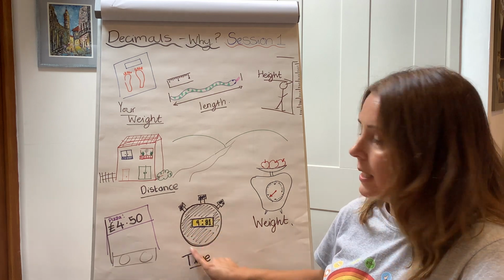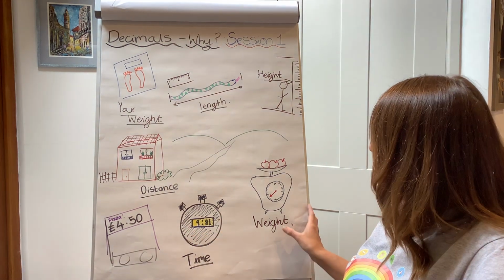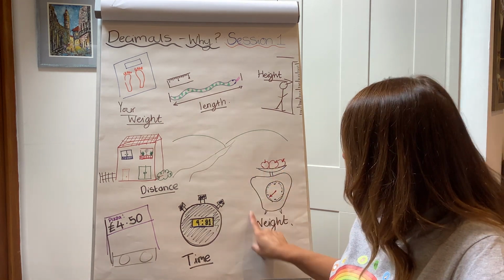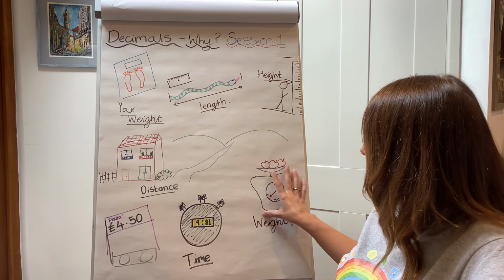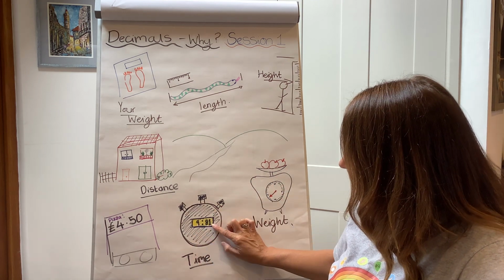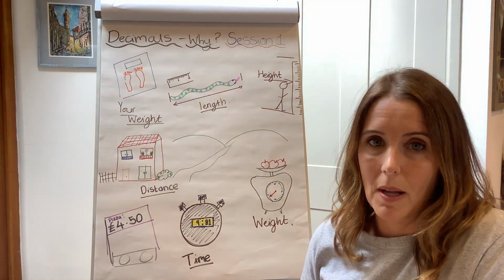Timing of things, if you're using timer on your phone and iPads, a stopwatch, the computer. And you might see decimal numbers used when we're weighing things such as ingredients as well. You can also see if you have an alarm clock, you might see the decimals used there as well.